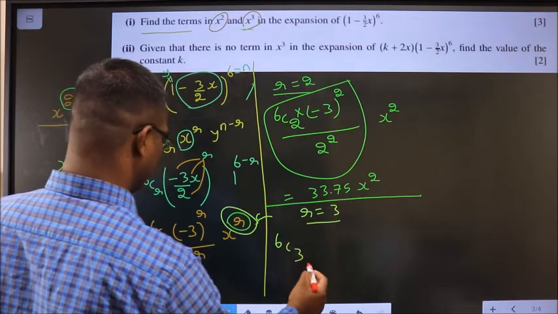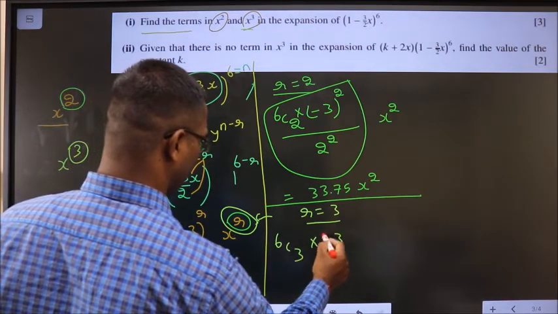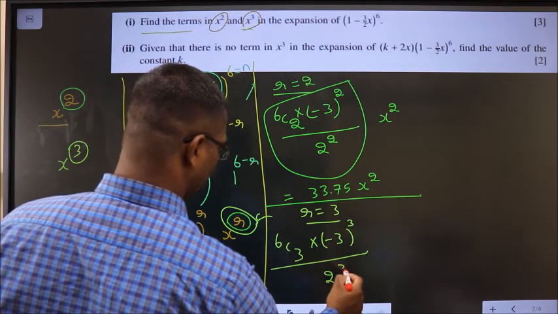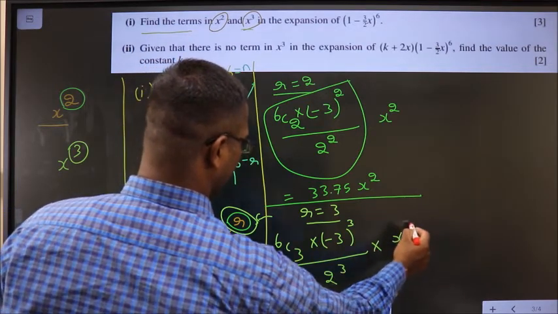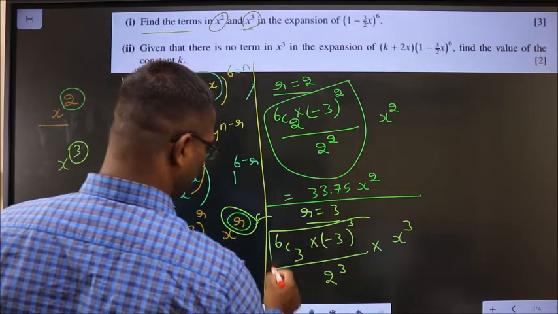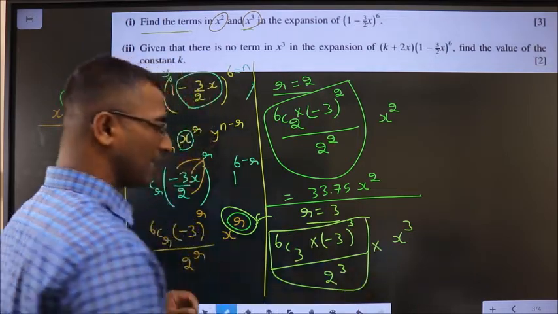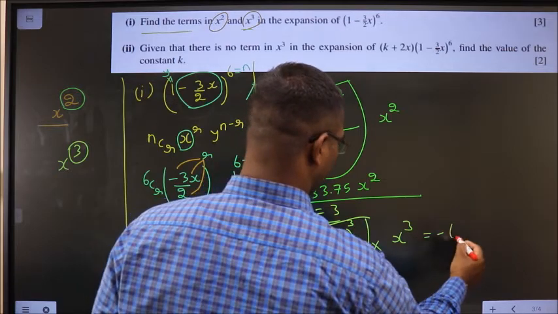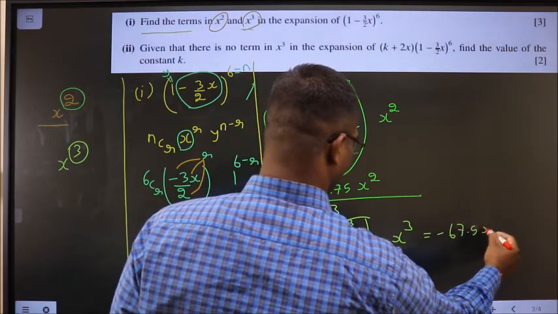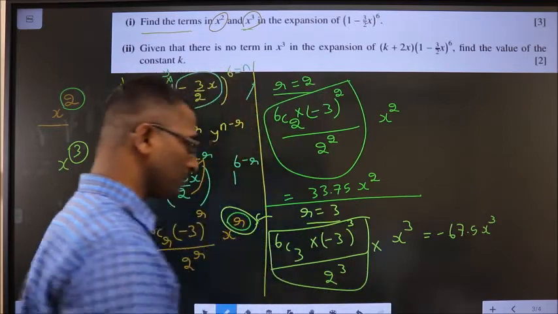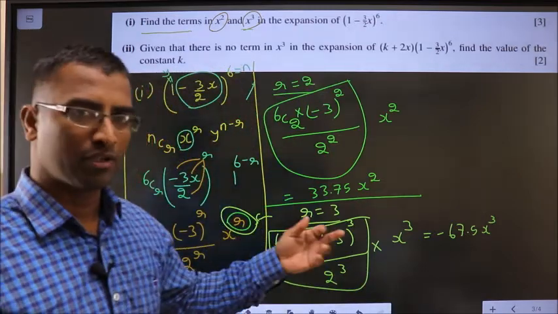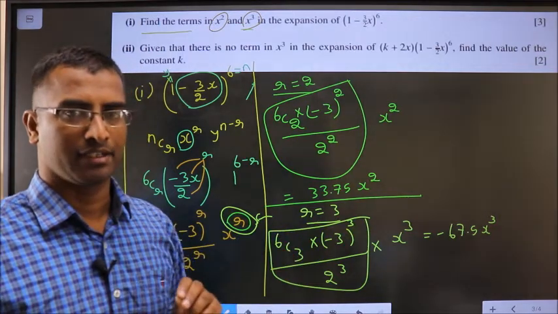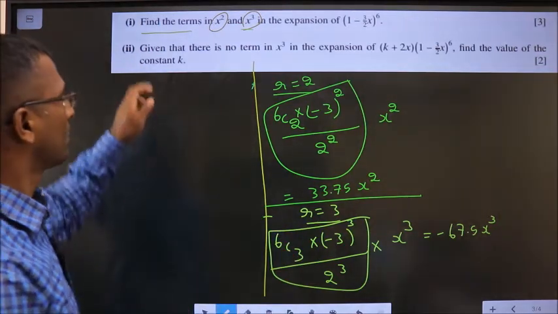So that will be 6C3 into minus 3 power 3 by 2 power 3 into x power 3. Now put this in the calculator. You get the answer to be minus 67.5 x cube. Okay. So we found the coefficient of x square and x cube. First bit is completed.